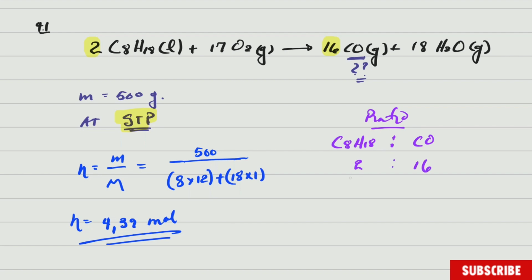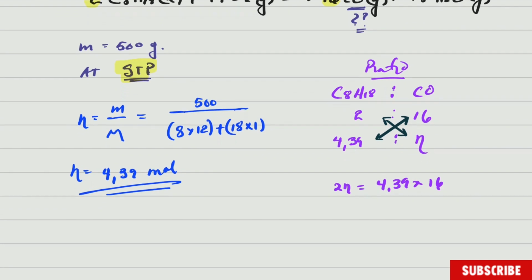So now comes the question. If you have 4,39 mole of this one, how much of this one can you get? And this one, guys, is a cross product. Very simple calculation there. When you do the cross product, you get 2n is equal to 4,39 times 16.